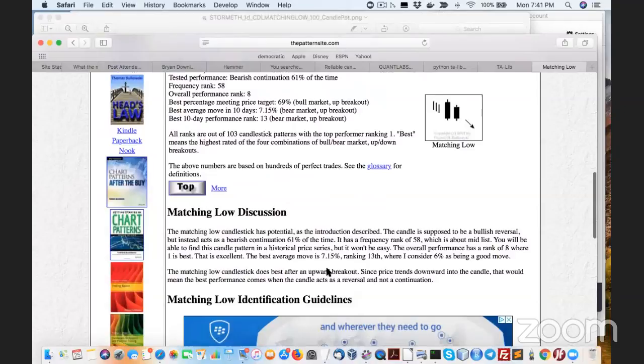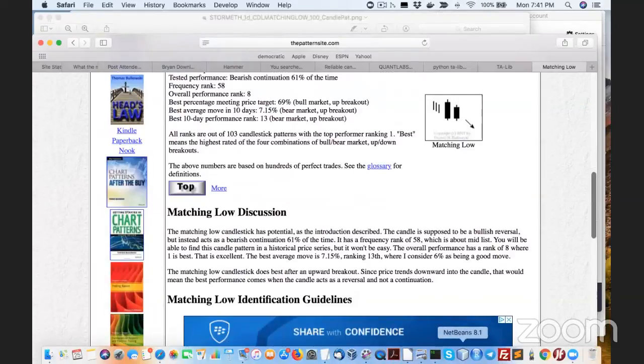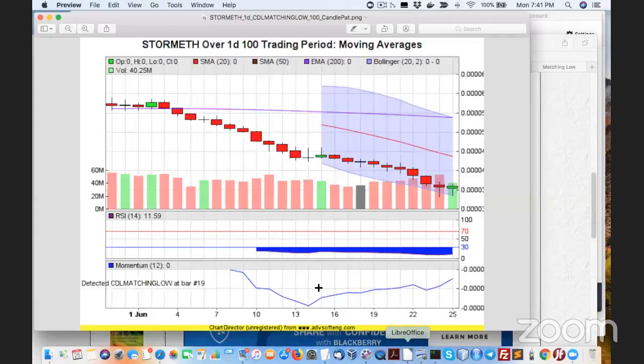So you can go through all of these different candlesticks. When you go back to the candlestick, where's my preview right here? We have two things that we could say. Now it's saying it's a bearish continuation pattern. So it could be these two.